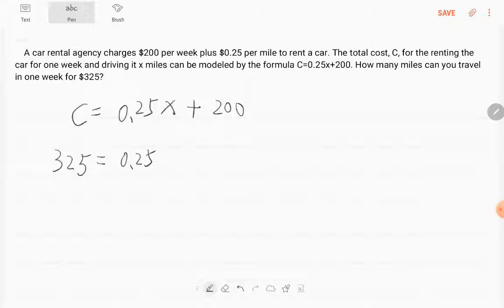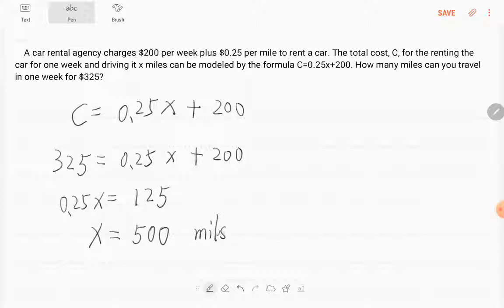So we plug in C equals 325, which equals 0.25 times X plus 200. Then we subtract 200, so this would be 125. So we divide by 0.25, and it would be 500. So it's 500 miles.